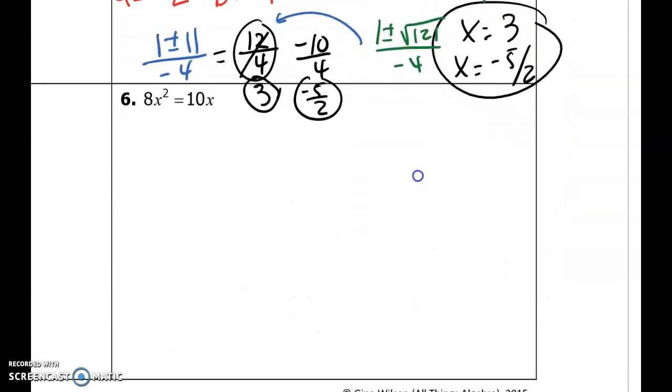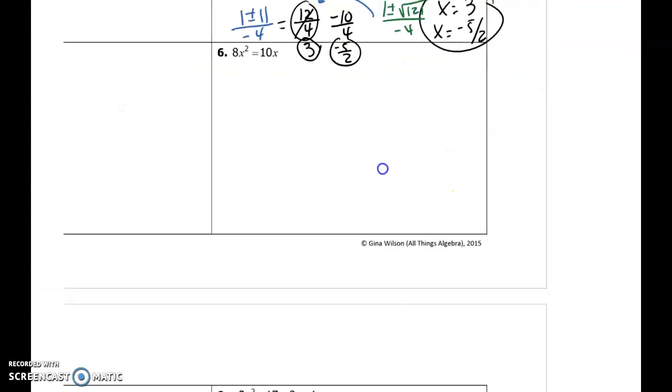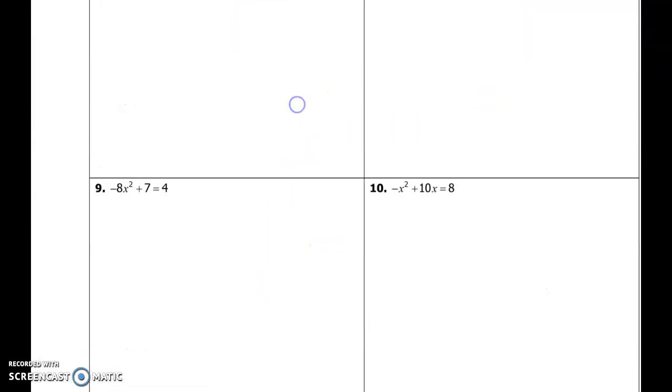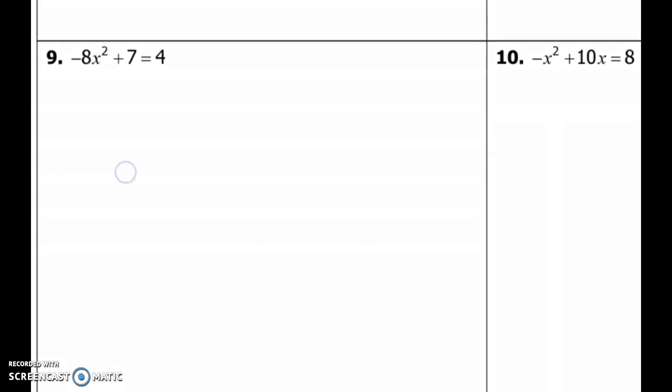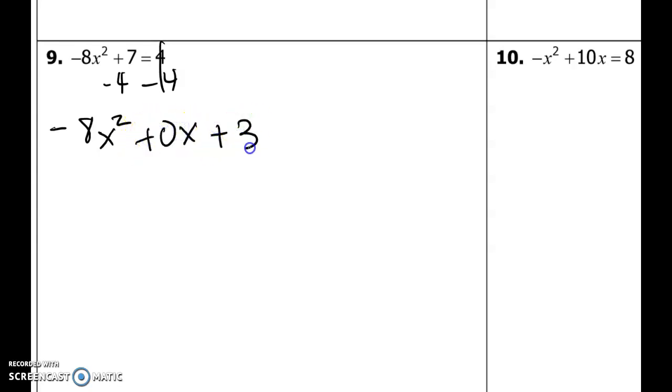So our next example is question number 9. And again, I need to start by writing this in standard form where everything is moved to the other side. So if I subtract 4, 7 and 4 can be combined, and I get negative 8x squared. I'm going to put plus 0x and then plus 3. The reason I put a 0x here is there is no x term, and that helps me remember that when I identify my a, b, and c, b is going to be 0.